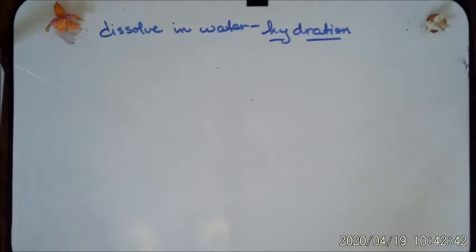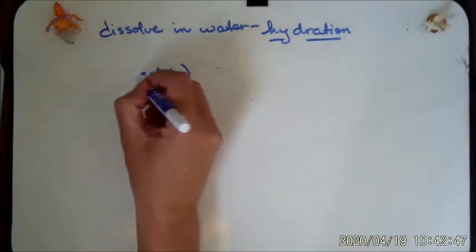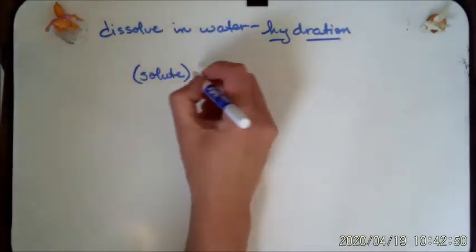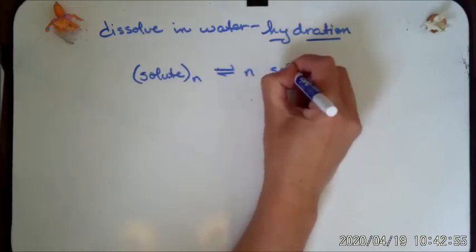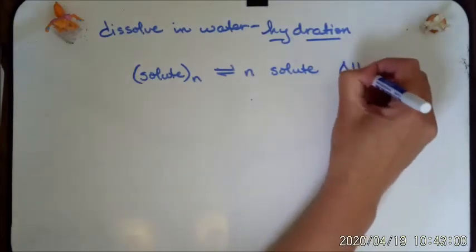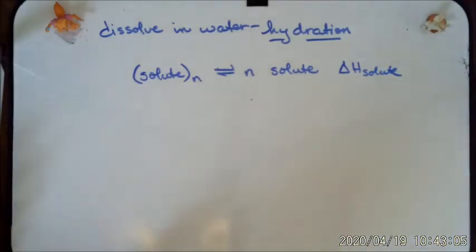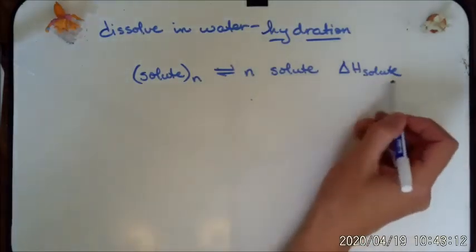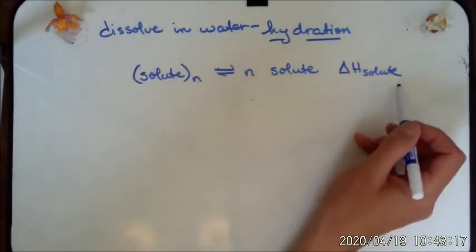So if I look at my solute, and it breaks up into n solute particles, that's a delta H. So it takes some amount of energy to take a solute, a large crystal, and break them up into their individual components, and that tells you a little bit about how much energy is involved in those solute interactions.